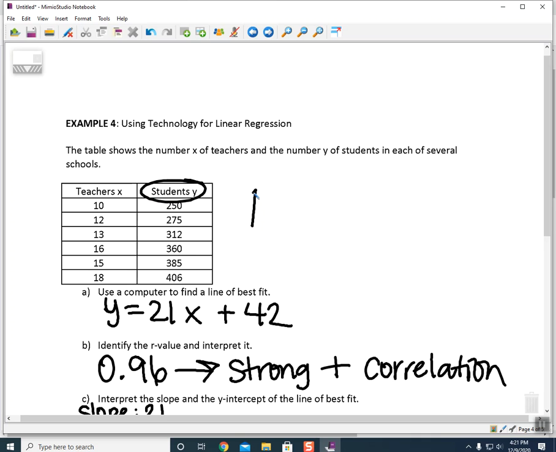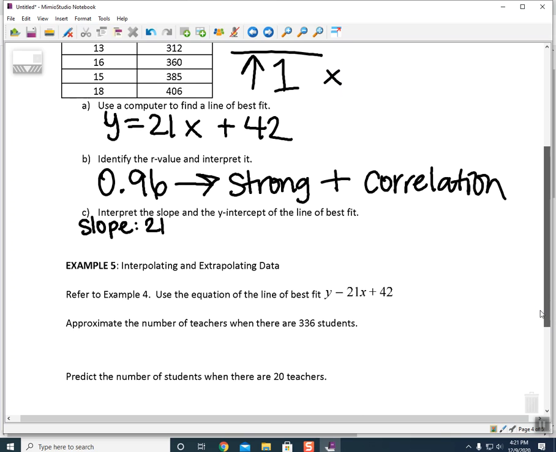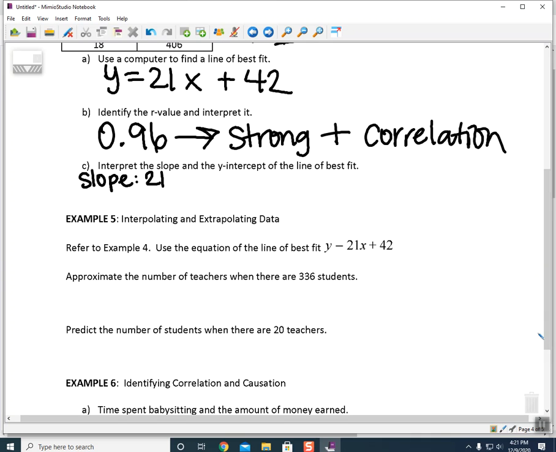So I'm going up 21 for my change in y, and I'm going up 1 for my change in x in order for b to be a slope of 21, right? Because 21 divided by 1 is 21. So if I'm interpreting this in terms of my scenario, that means that when 21 students are added, I need one more teacher.